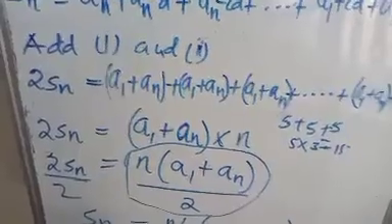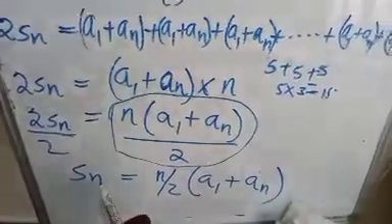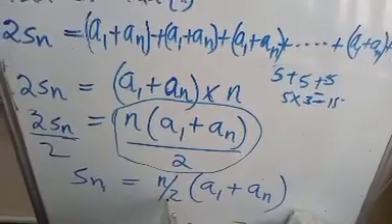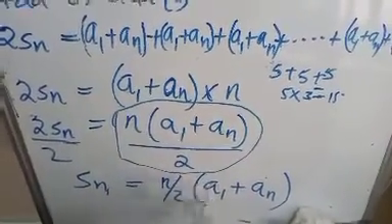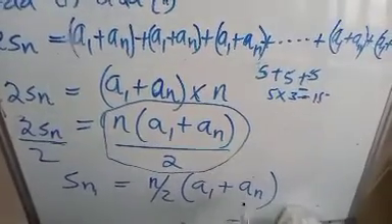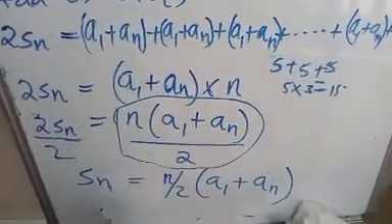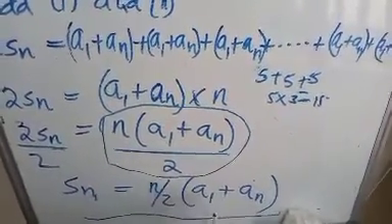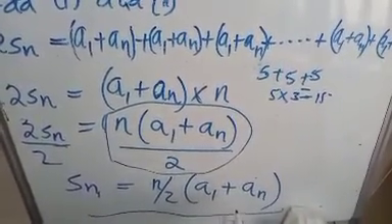The sum of n terms is equal to the number of terms divided by 2, open the bracket, a1 plus an, close the bracket. This is our formula for finding the sum of n terms in an arithmetic series.